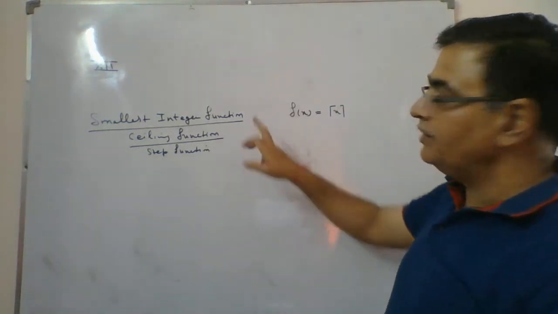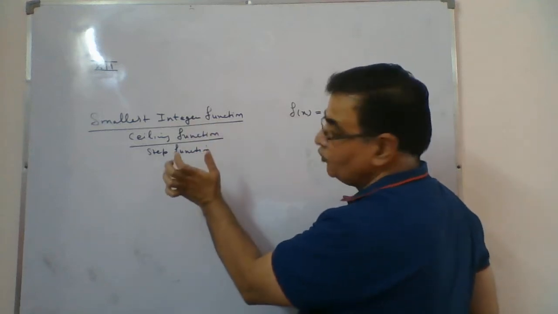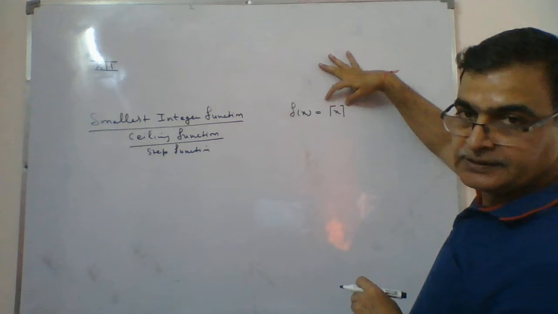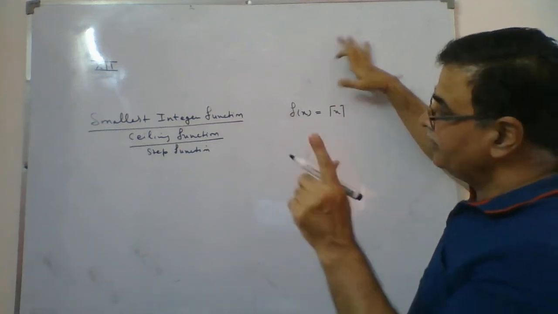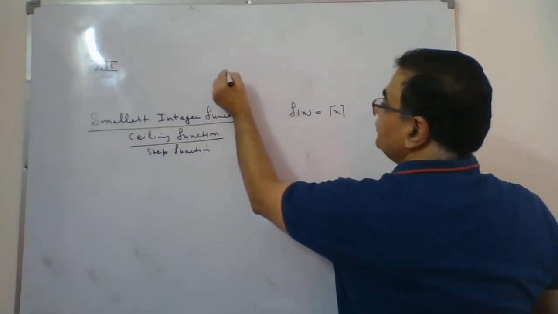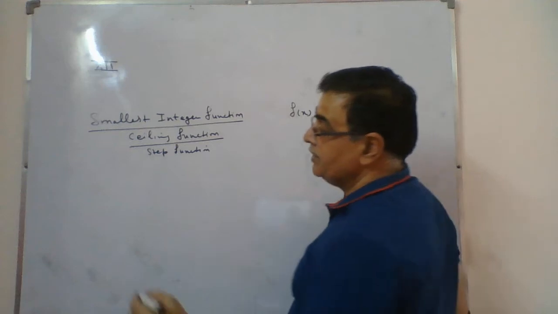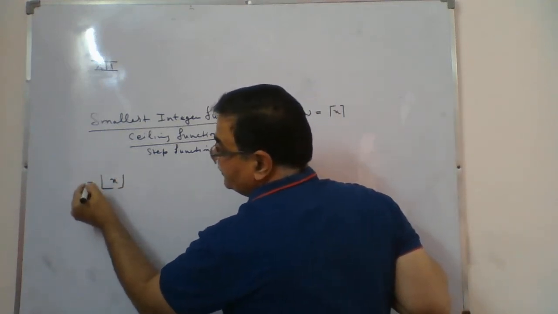On to the next function, that is the smallest integer function, also called the ceiling function, also called the step function. The symbol for this will be this, it is closed from the ceiling part. So the ceiling function is here. The greatest integer function, I told you, was the floor function, so that function will also be written this way.